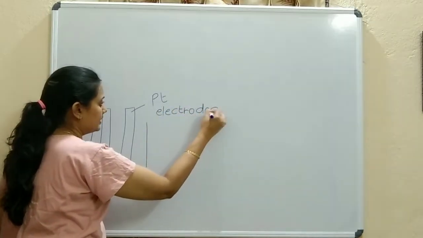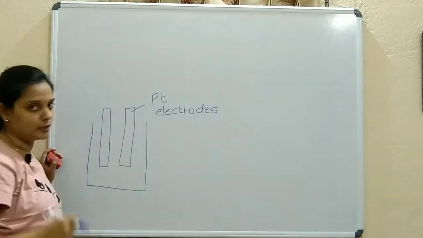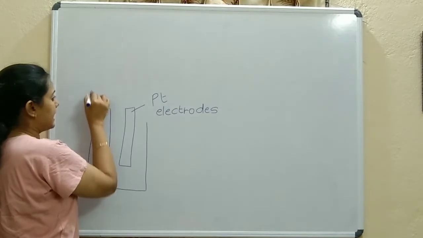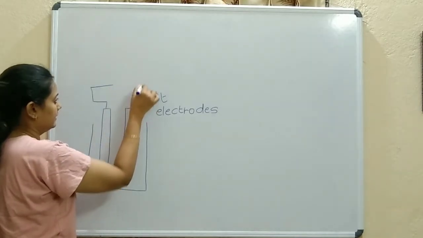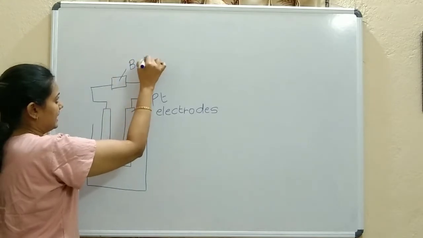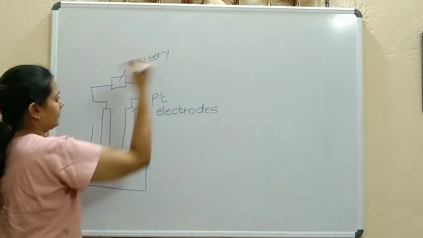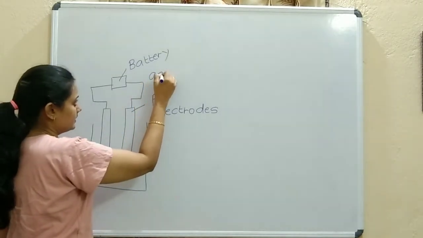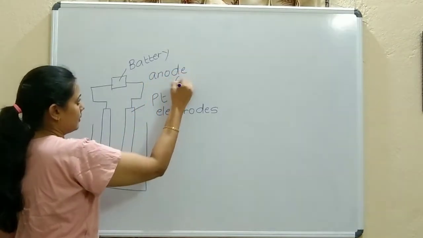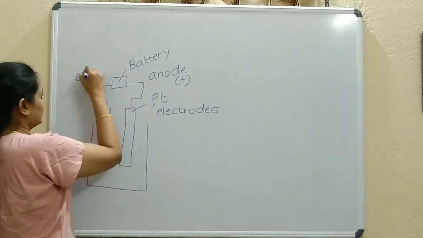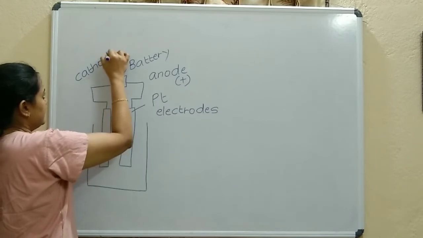So 2 platinum electrodes are immersed into the cell and both are connected to a battery. One of the electrodes will act as the anode, positive, and one of the electrodes will act as the cathode, which is the negative electrode.